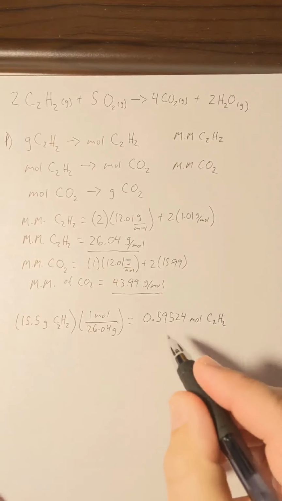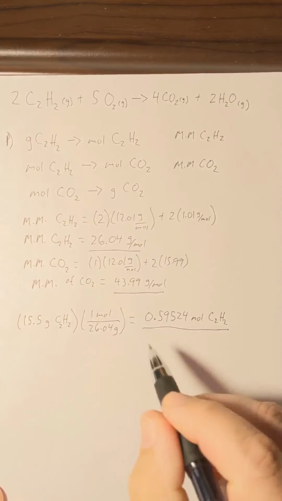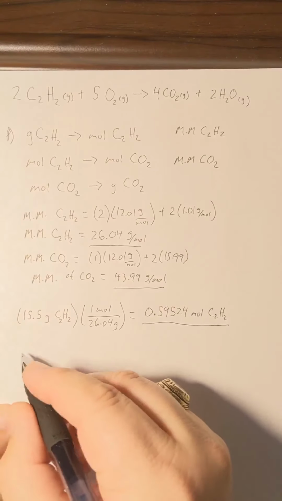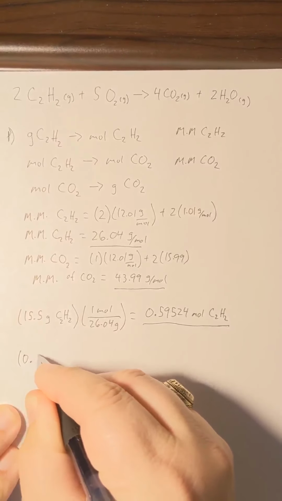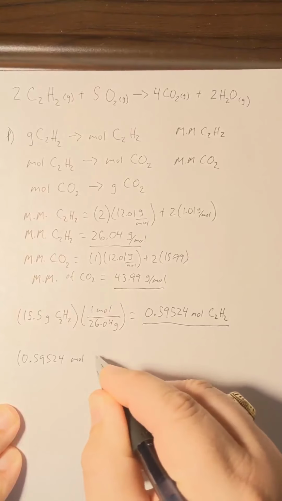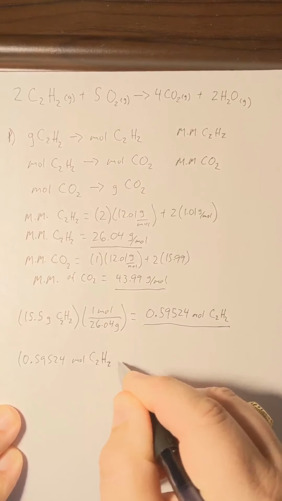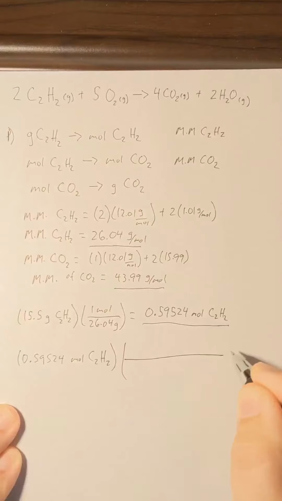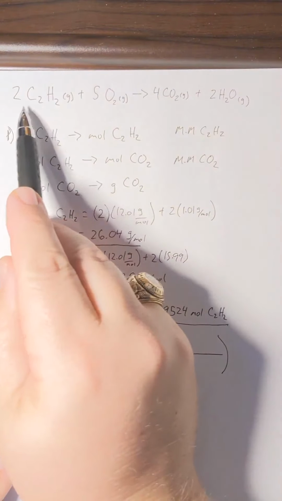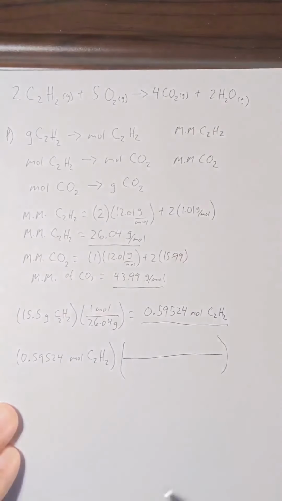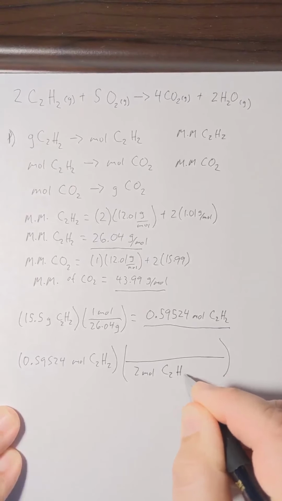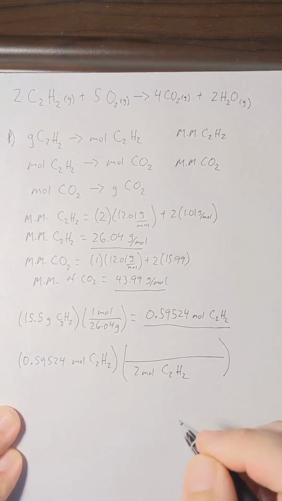Now we'll take our moles of C2H2 and convert it into moles of CO2. And for that, we'll use our balanced equation. The chemical that we want to get rid of is going to be our C2H2, and so we'll use its coefficient of 2. So 2 moles C2H2, and that'll go in our denominator because we want to get rid of it.